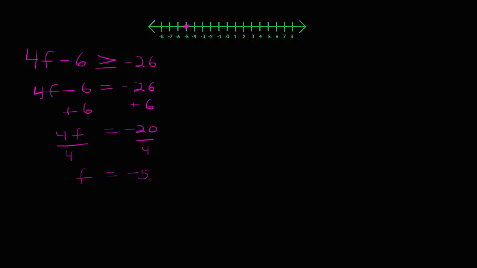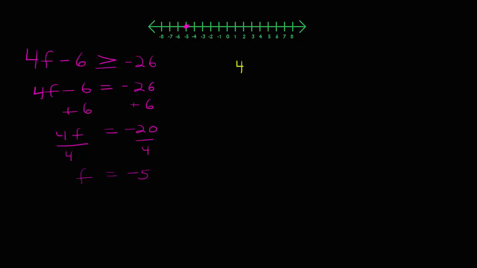Now the question is, do we want the right half of the graph? Do we want the things that are bigger than negative 5, or do we want the things that are less than negative 5? Right now we don't know. So we're going to take a number other than negative 5 and plug that into the original inequality and see if it works. I'm going to pick the number 4.